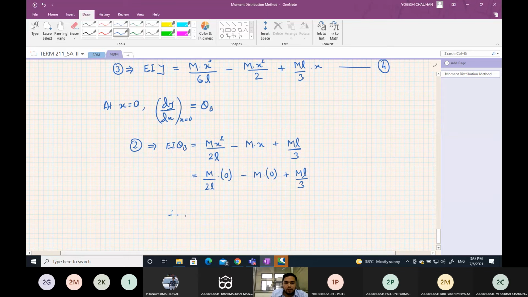So simply you will get EI theta B is equal to M l by 3. Okay, so this implies M is equal to 3 EI theta B by l.